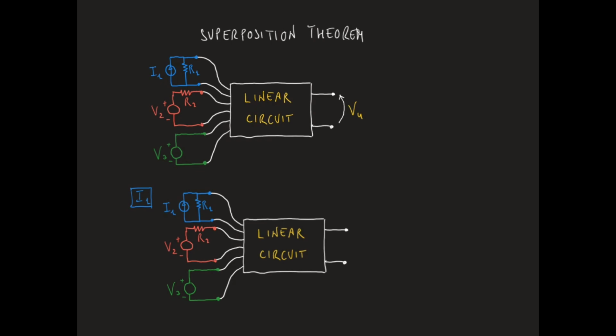This actually comes as a natural consequence of the fact that switching an ideal voltage source off means replacing it with a short circuit. So in the case of the voltage source V2, the internal resistance is R2, while in the case of the voltage source V3, the internal resistance is just 0. Let us call Vu1 the response of the circuit to I1 alone.